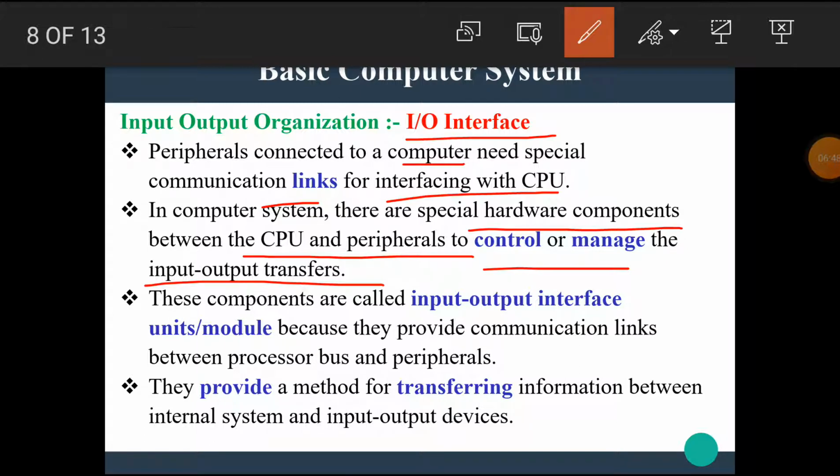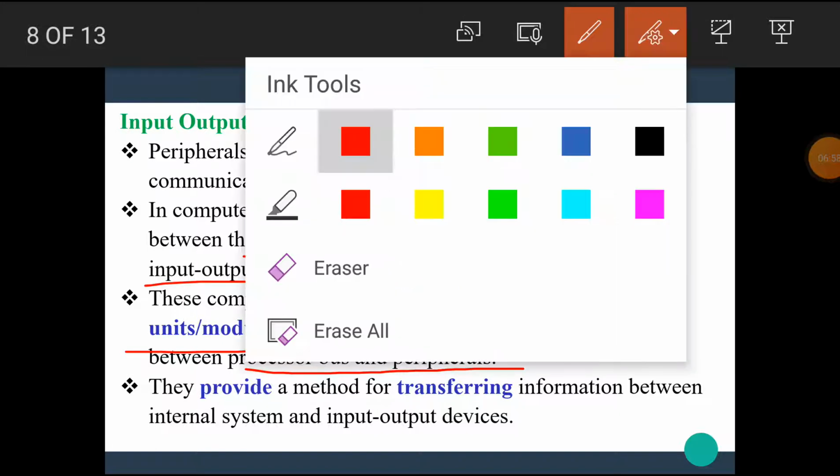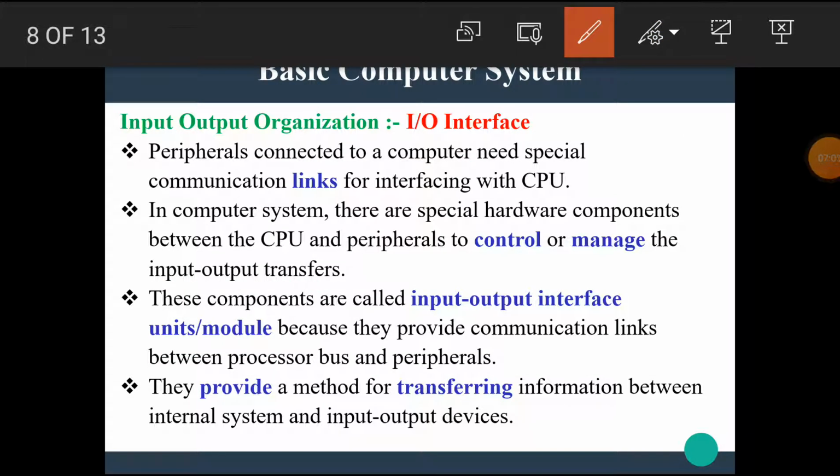These components are called input-output interface units or modules because they provide a communication link between the processor bus and peripherals. The input-output interface modules provide a method for transferring information between the internal system and input-output devices. Let's see what these input-output interface modules are.